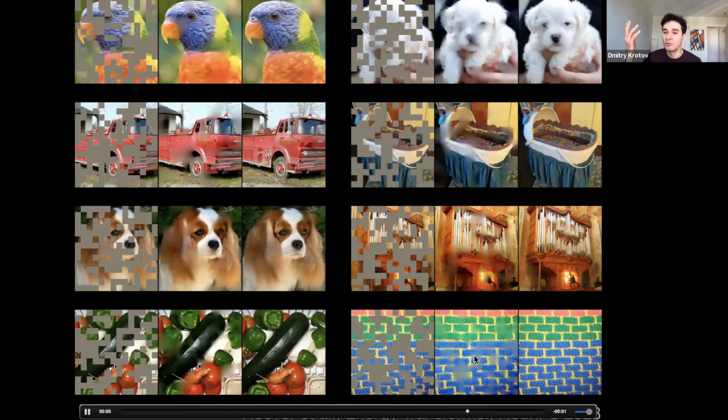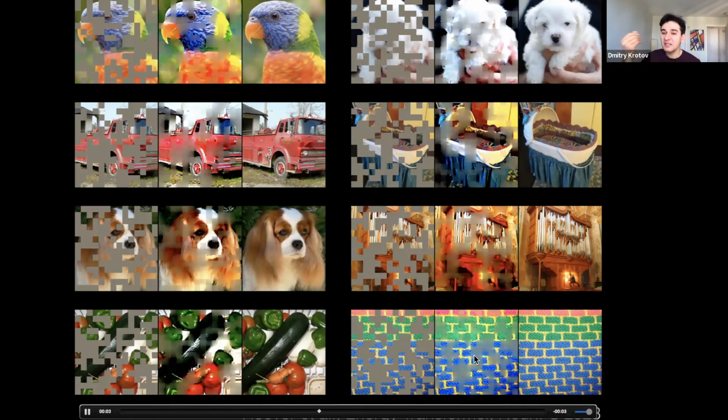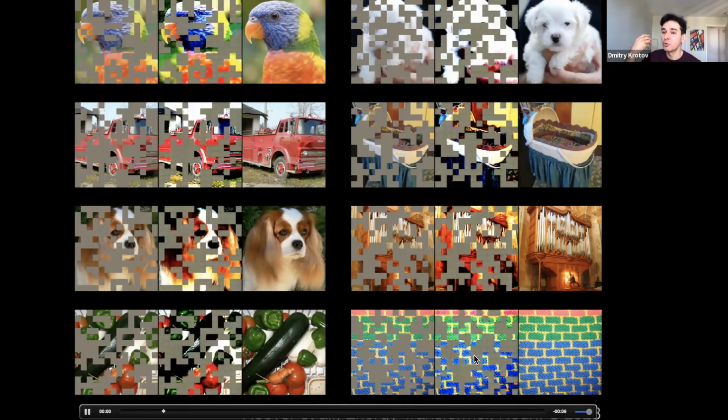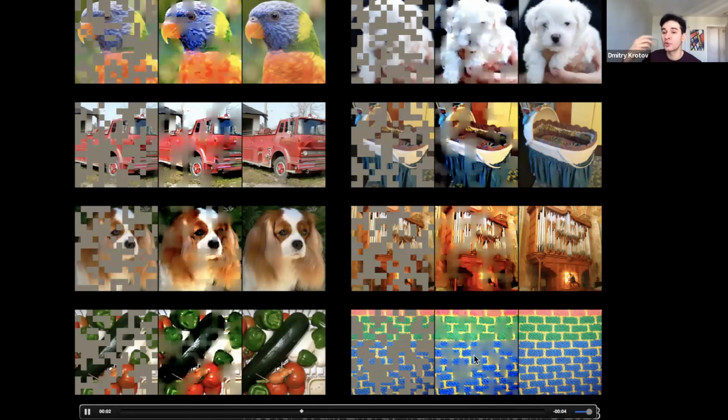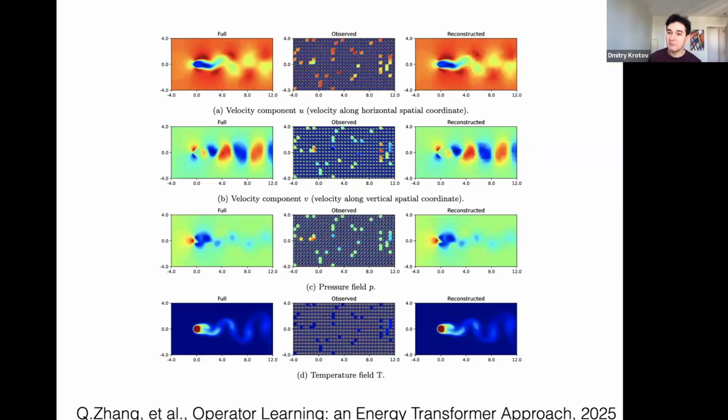It doesn't do something completely crazy here. So indeed, this network, being presented with a sufficiently rich data set, manages to learn or memorize certain rules about how images are constructed.